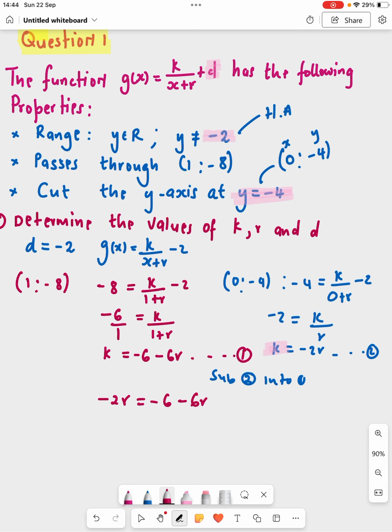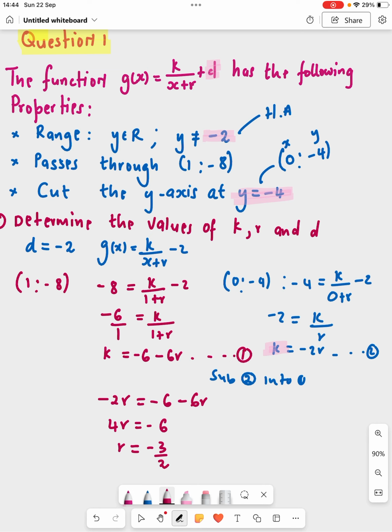And then we transpose -6r, take it to the left. And then we are going to have -2r plus 6r, which is +4r, is equal to -6, and then we divide on both sides by 4. So we are going to get our r as minus 3 over 2.